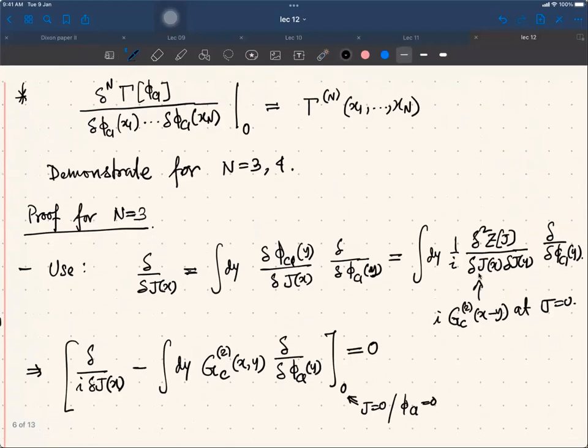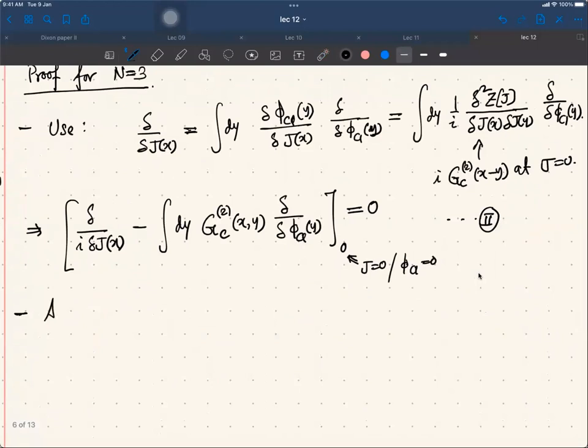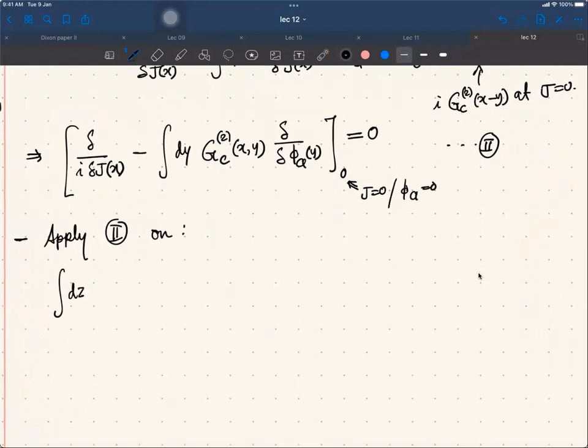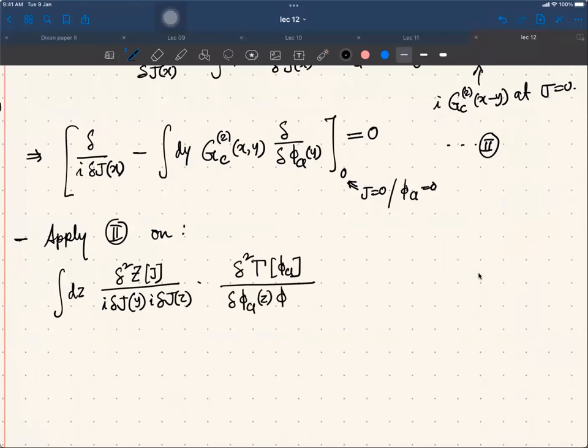So let me call this as 1, this as 2. So apply 2 on integral dz del 2 z j I del jy I del jz del 2 gamma icl iclz y minus w.